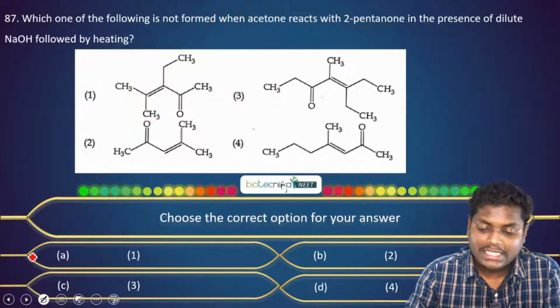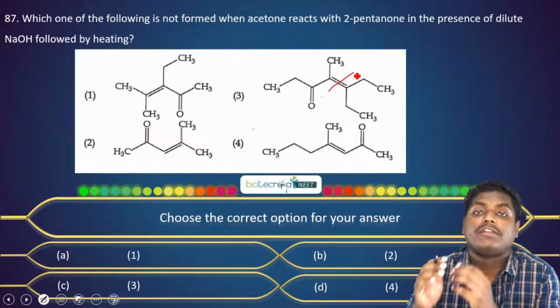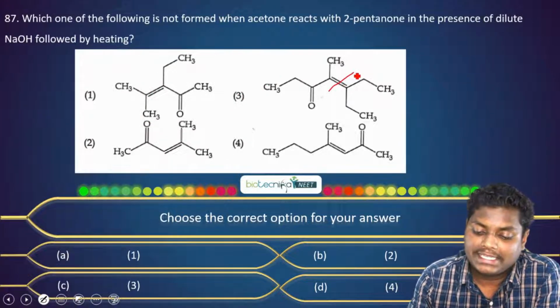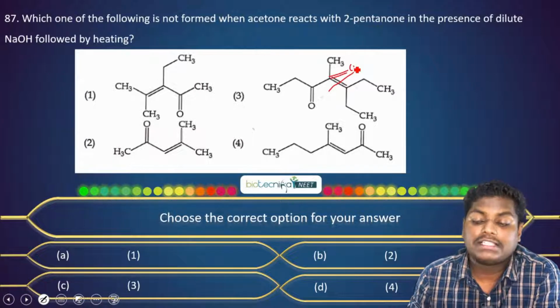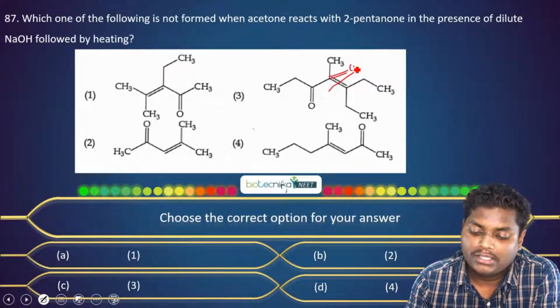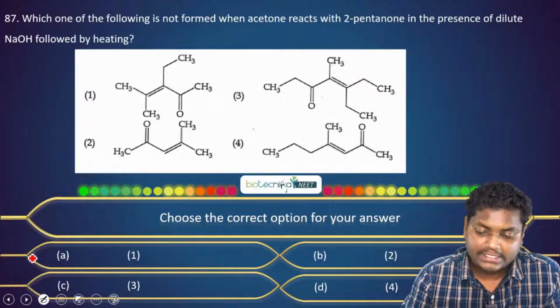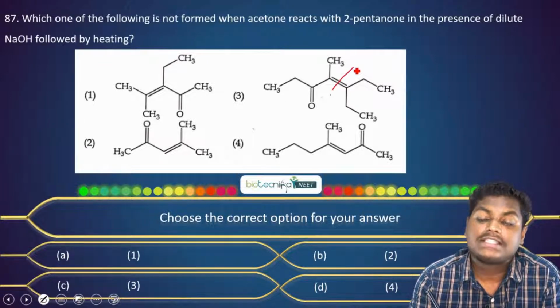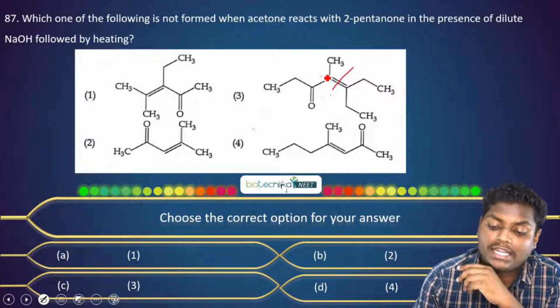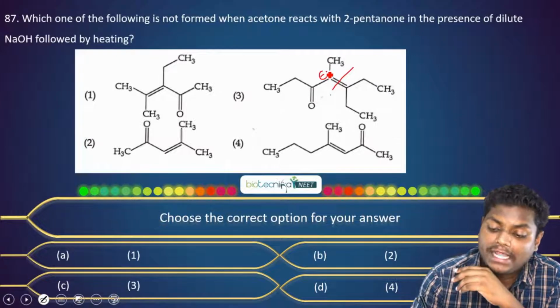Why? Because you can see here, if you break this double bond, you will be having this moiety. Since it's beside the carbonyl center, the carbanion must be here, and the carbonyl will be here.